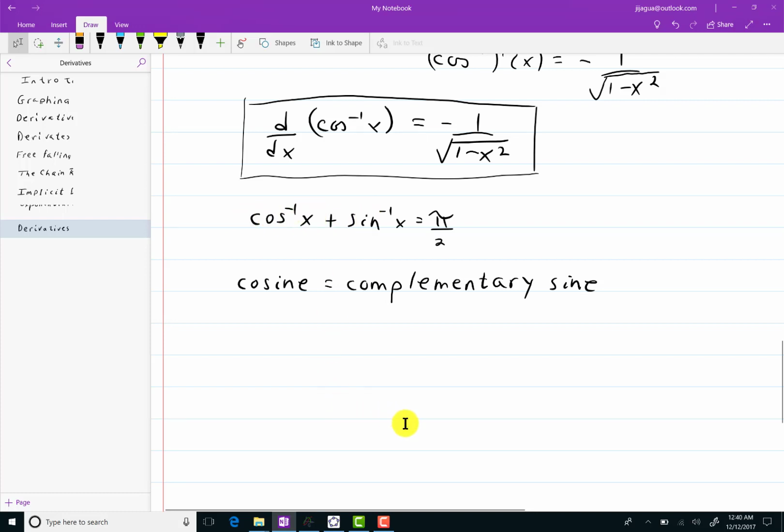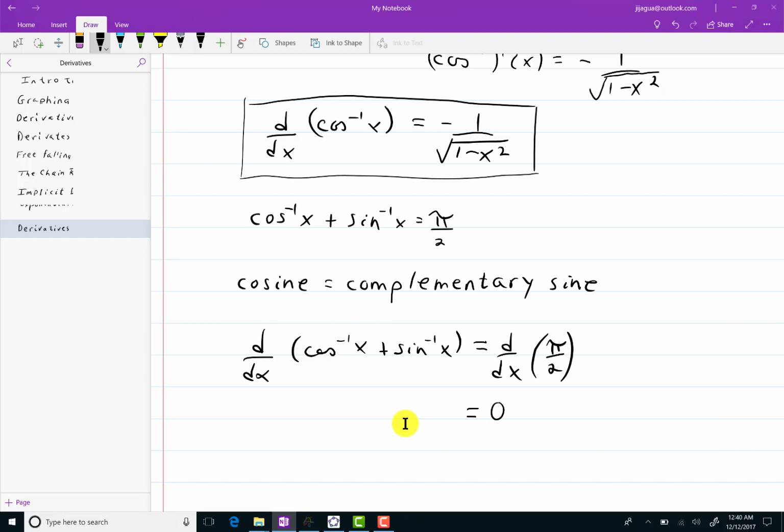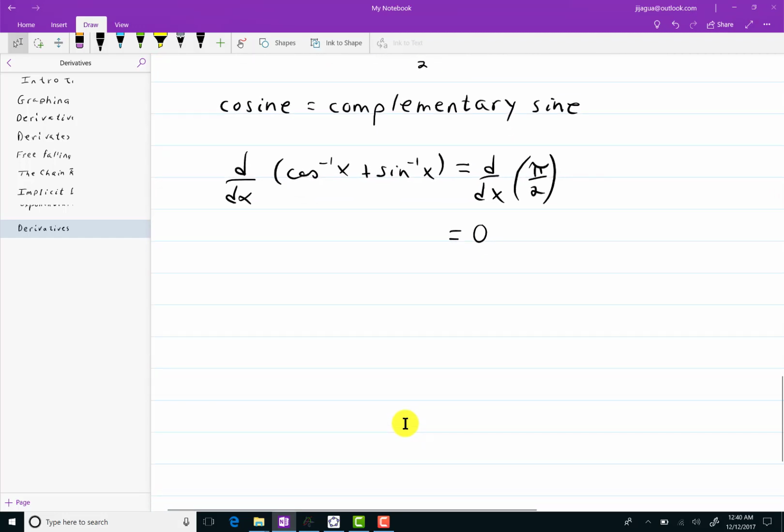Well, that's great because then I can take the derivative. Well, the derivative of pi over 2 is easy. It's just a number, so it's 0. The derivative of cos inverse x plus sine inverse x, well, remember I can break this up, assuming that both derivatives exist.